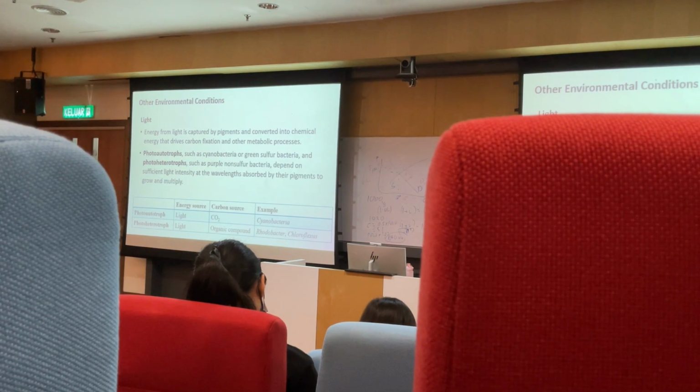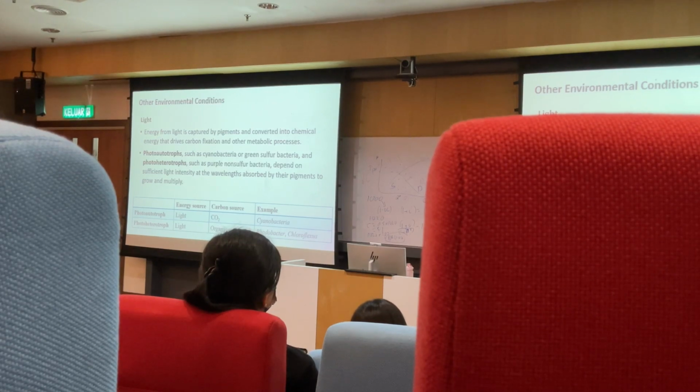Basically, we can divide them into two categories. One is photoautotroph, and the other is photoheterotroph. Examples of photoautotrophs are cyanobacteria, green algae, or green sulfur bacteria. They take the sunlight and use it, with carbon dioxide, to generate glucose.